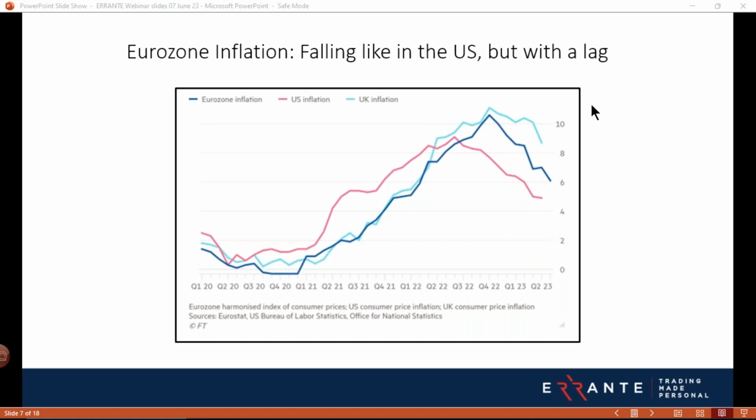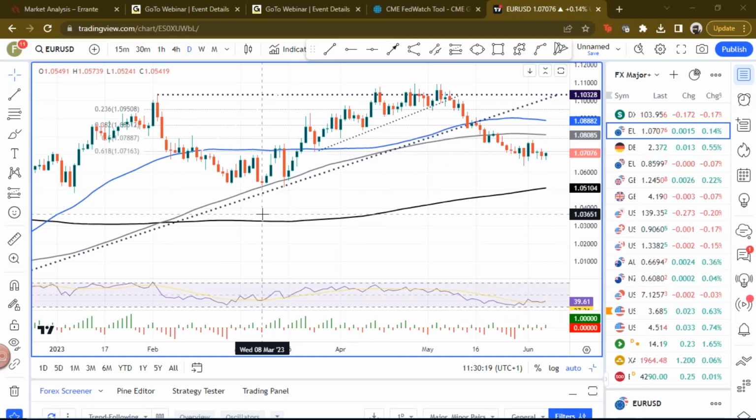I'll just pull up a chart of euro dollar, just bear with me, which is obviously here. Firstly, for the ECB next week, a 25 basis point hike is fully baked in for that meeting, and also pretty much for the July meeting as well.